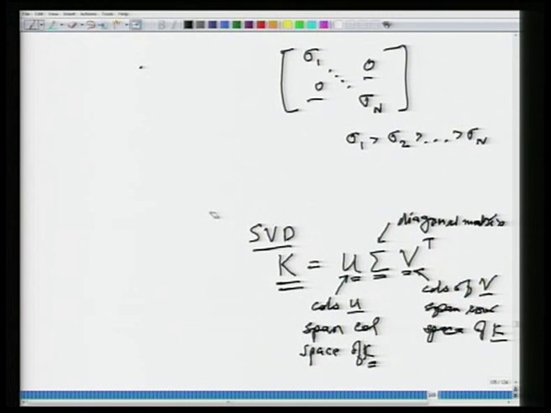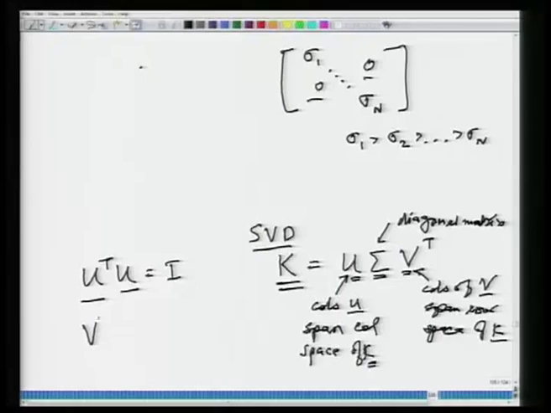Also, U transpose U is equal to the identity matrix. That means all the columns of U are of magnitude 1 and orthogonal to each other. Similarly, V transpose V is equal to I.